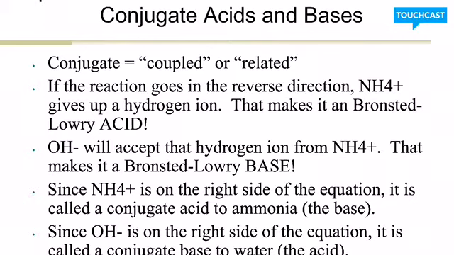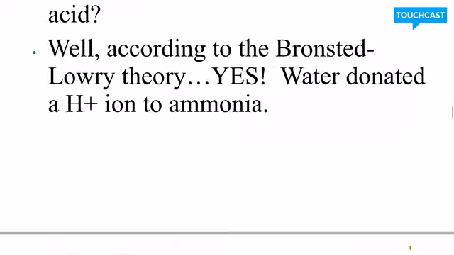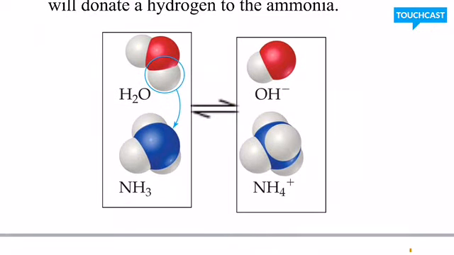So it's because of this Bronsted-Lowry definition of an acid and base that we come up with this new kind of theory of these things called conjugate acids and bases. Conjugates are just kind of like the related stepbrother or stepsister to the original acid or base. So if you go back and look at the original reaction, you know that the starting ammonia was your base because it wanted to receive the hydrogen.